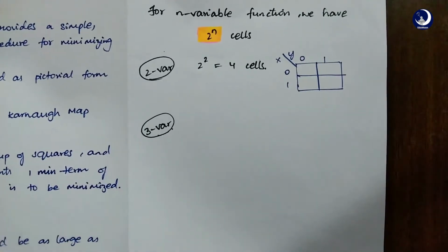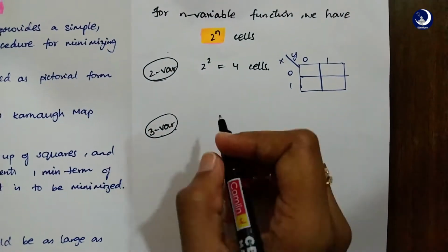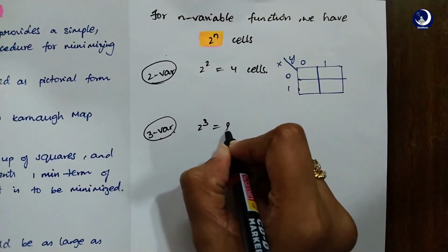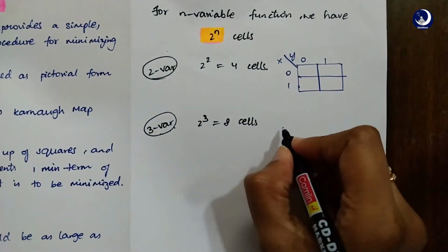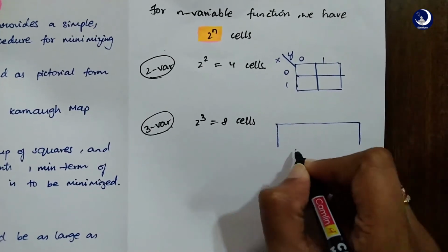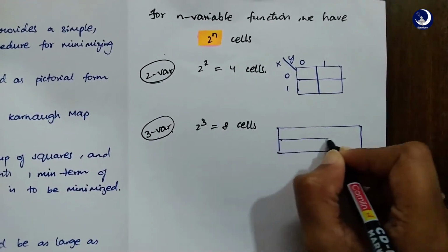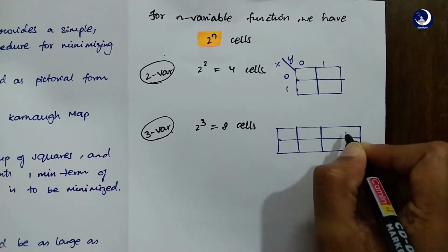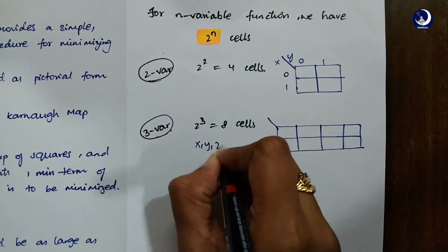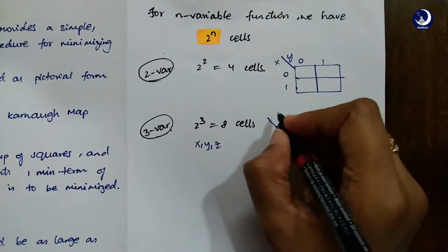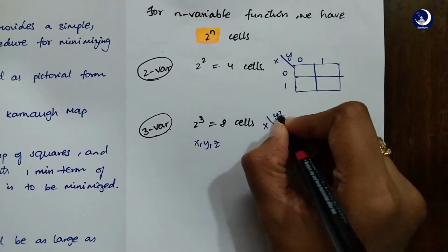Now, if you have a 3 variable function like x, y, z, you will have 8 cells in total. Now, how do you represent these 8 cells? If you have a function with x, y, z variables, this can be your x and this can be your y, z.